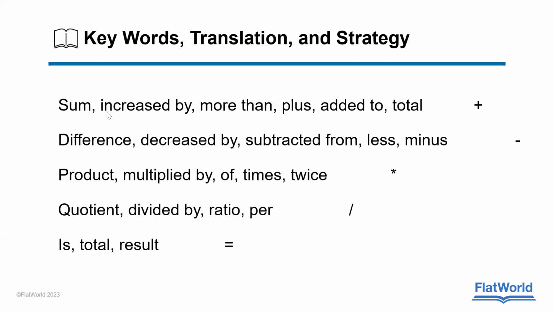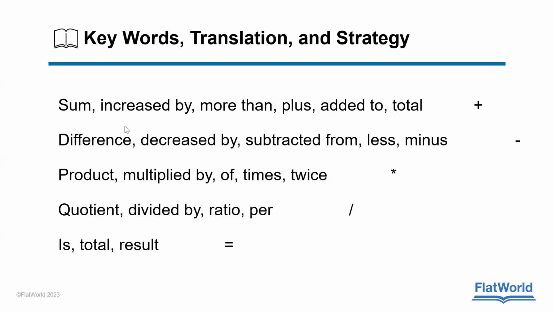Those are all ratio problems and they break down into a fraction. Is the total result equal? They all equal. This can sometimes be vague, so it depends on how the language is used. Or maybe they say everything adds up to. You have to pay attention to the language again.